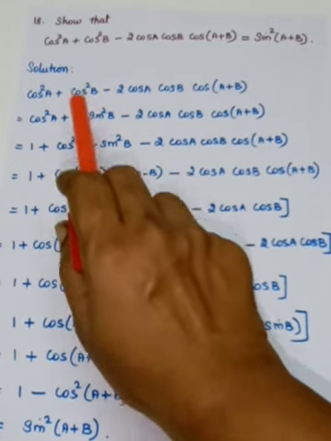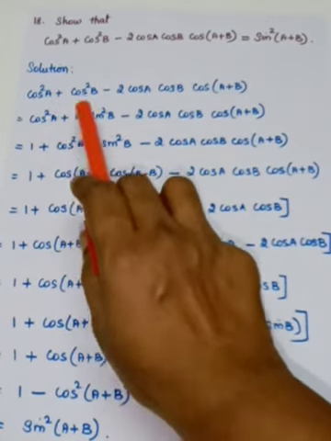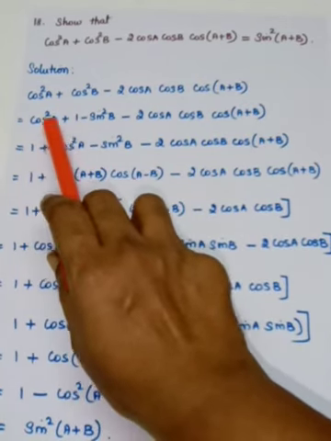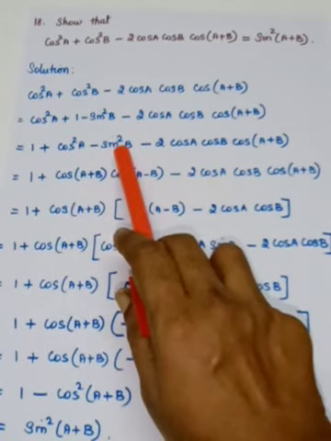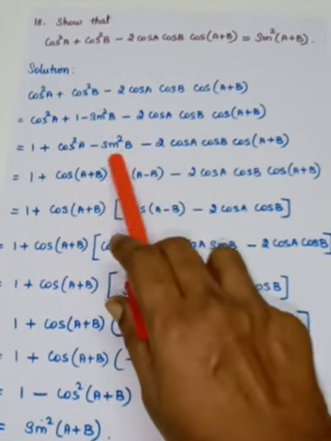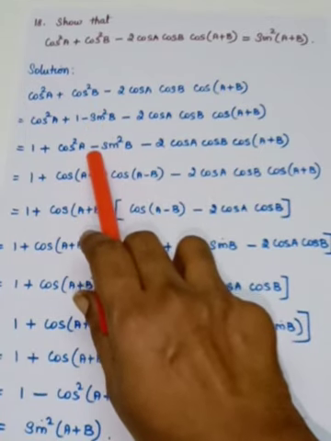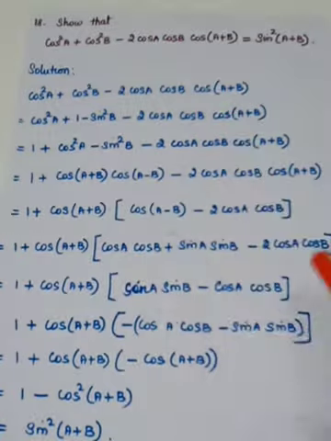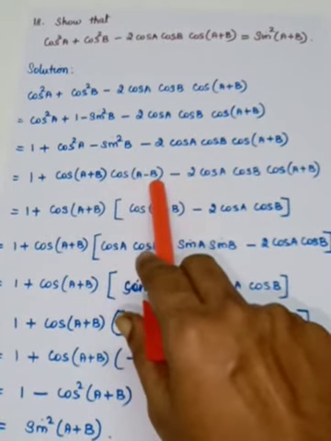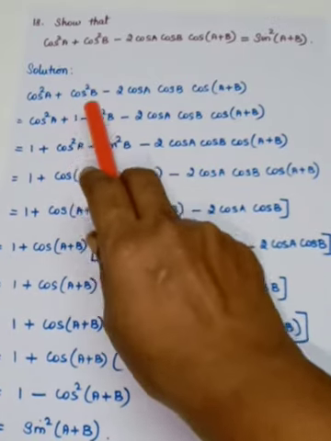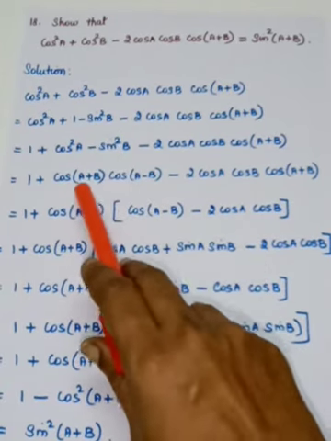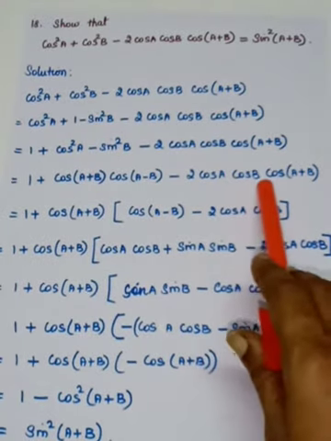Why this alone has to be changed? You see the third step. The one I have written in the first term, I'll combine with cos squared a minus sin squared b. Just now in the 17th problem, second subdivision, we have learned this result: cos squared a minus sin squared b can be written as cos(a plus b) into cos(a minus b). So therefore, this cos squared b has to be changed as 1 minus sin squared b. And you see the remaining term we have written as it is.